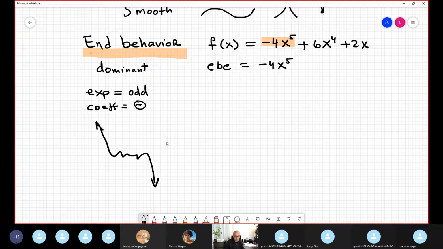I don't care exactly what happens in the middle. The middle is not important. This part is not important. The end behavior is, you see, for example, left up. Another way to visualize in words: left up and right down.